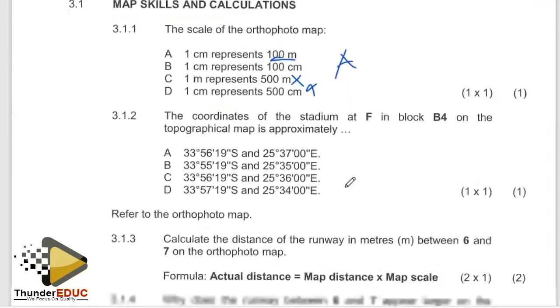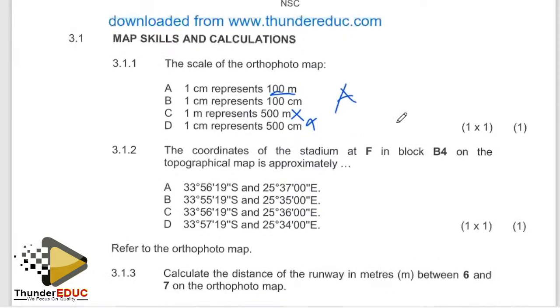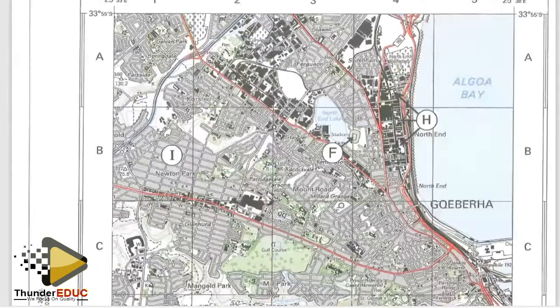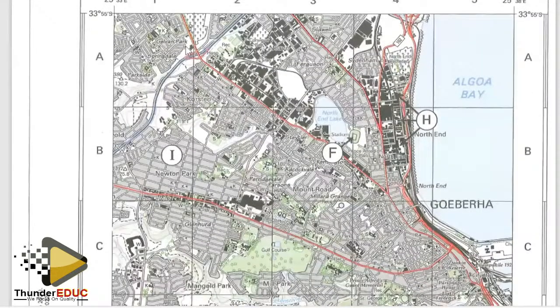The coordinates of the stadium. The coordinate of the stadium at F in block B4 on the topographical map is approximately, we look at the map, the stadium is here. What is the coordinate? We first of all know that the coordinate will start with the latitude.